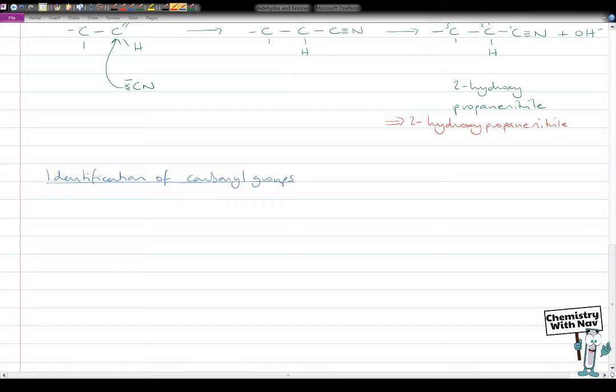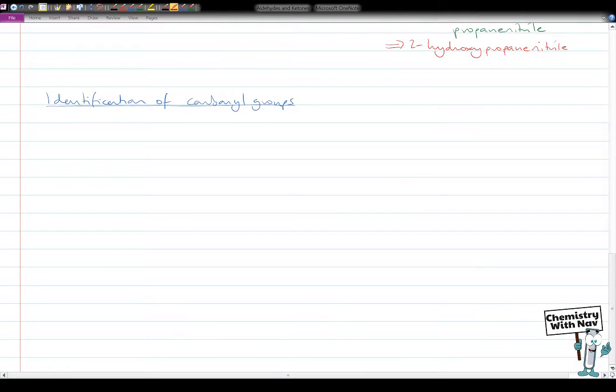Now, you may have seen already somewhere else that Tollens reagent is the typical reagent used to identify between aldehydes and ketones, and you get this silver mirror test to tell you that you have an aldehyde because the Ag+ ions from the silver nitrate and Tollens reagent have been reduced to silver solid, which means that the aldehyde that was present has been oxidized to the carboxylic acid. However, that doesn't tell you what the original aldehyde or the original ketone may have been.